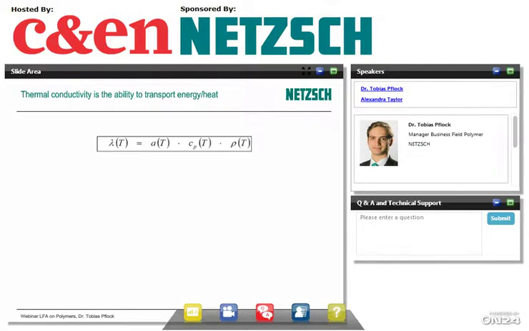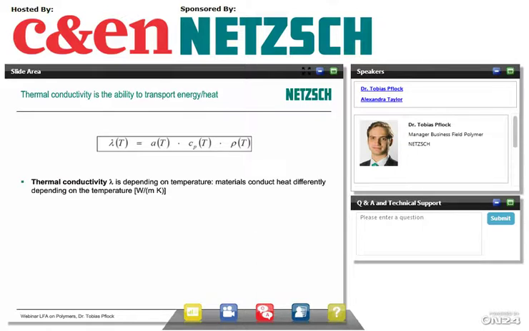So let's see what we need to calculate our thermal conductivity in the end, because this describes the ability to transport energy or heat. And that, of course, depends on the material that I'm using or what kind of filler I'm using, and that is the important number that I have to get to decide for the thermal design of my parts.